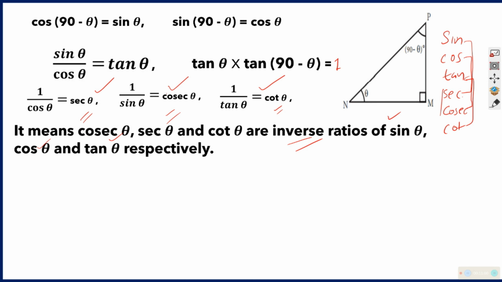So what do we need to know? We only need to know the base. Sin theta is equal to opposite side upon hypotenuse. So 1 upon sin theta will become the inverse of it. That means it will become hypotenuse upon opposite side, and we call that ratio 1 upon sin theta as cosec theta.